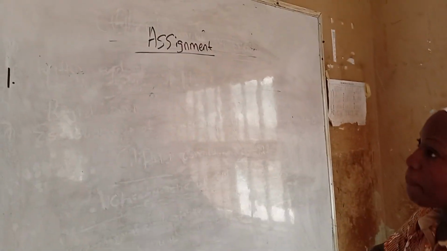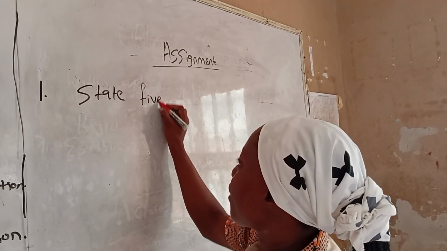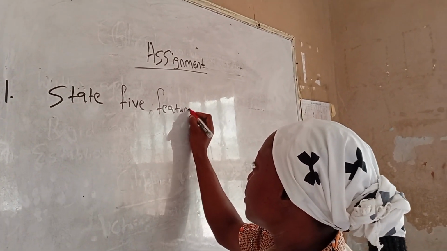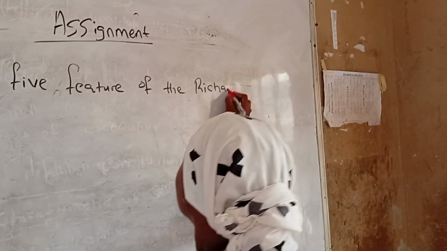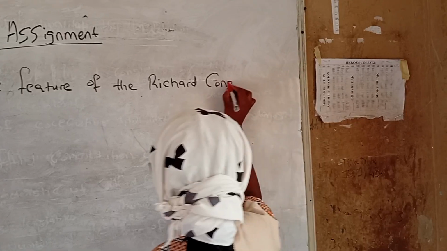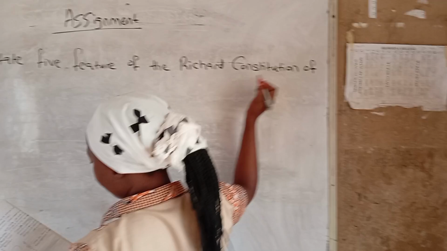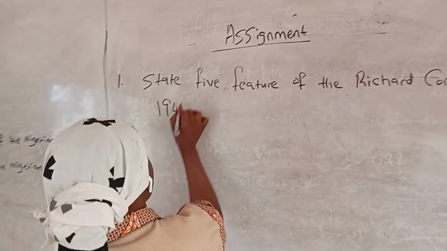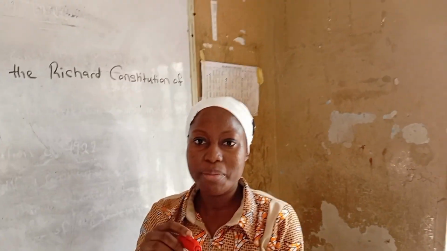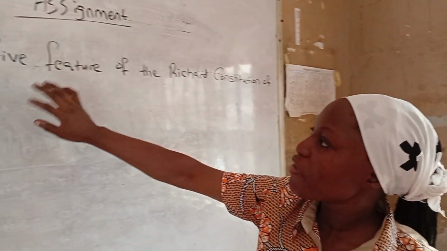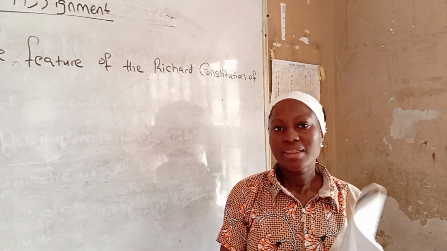Now your take home for today is to state 5 features of the Richard Constitution of 1946. Nigeria has made use of different constitutions, which are the Clifford, the Macpherson, and the Richard Constitution. So get me 5 features of the Richard Constitution of 1946. Thank you for listening.